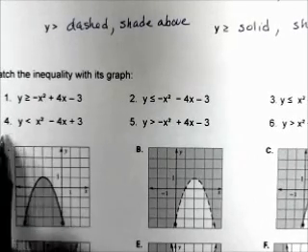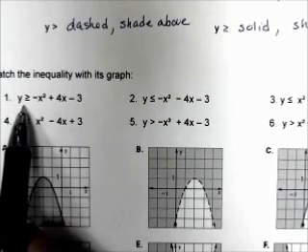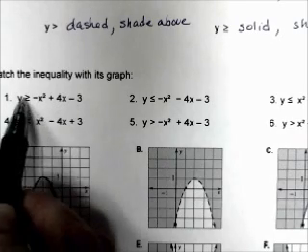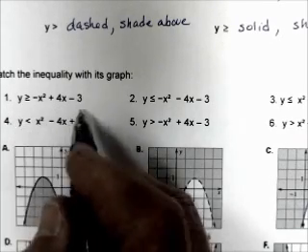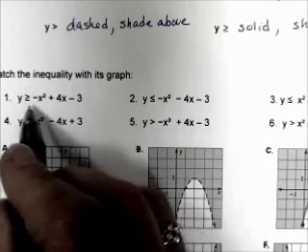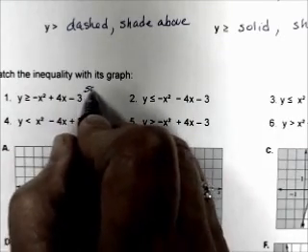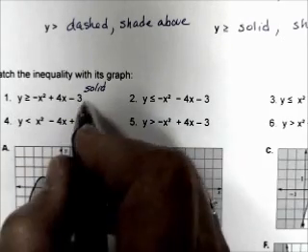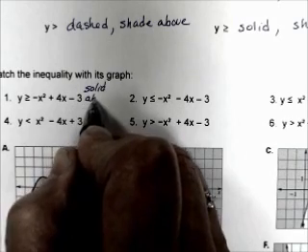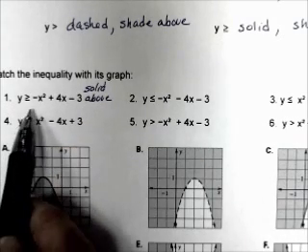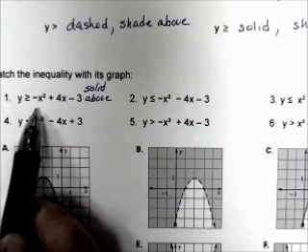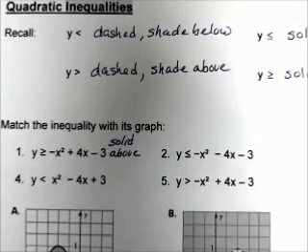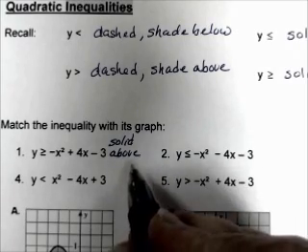All right. For number 1, you have y is greater than or equal to negative x squared plus 4x minus 3. Well, the greater than or equal to means that our graph would be solid for the equal to part. And for greater than, we would shade above. And the parabola itself, since the lead coefficient is negative, would be concave down.